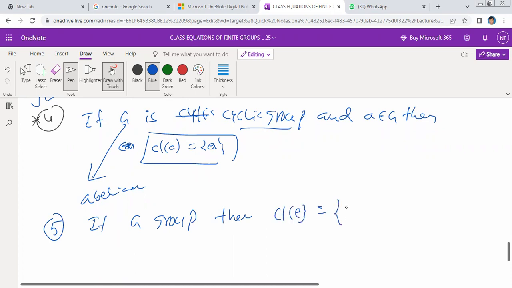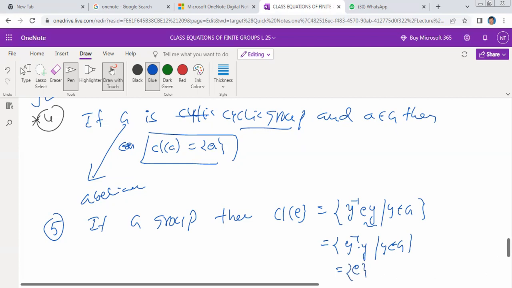According to our definition, the conjugate class is Y inverse E Y such that Y belongs to G. Y inverse E Y is equal to Y inverse Y, which is the identity element.